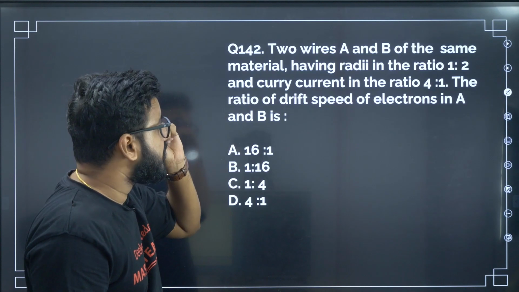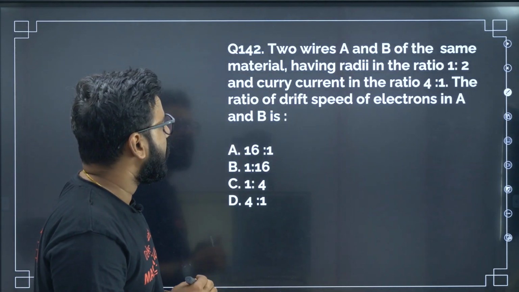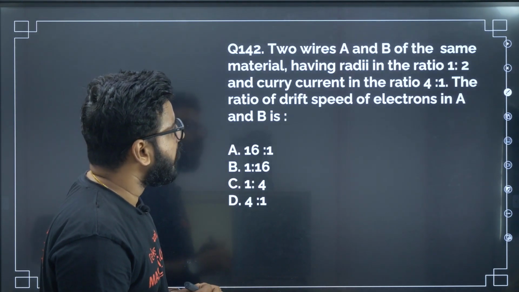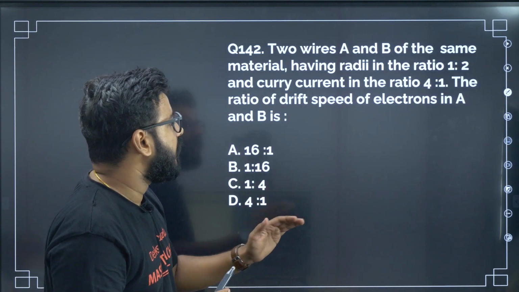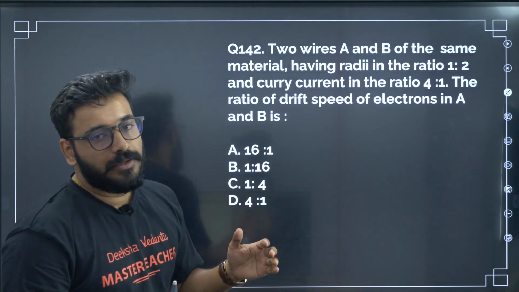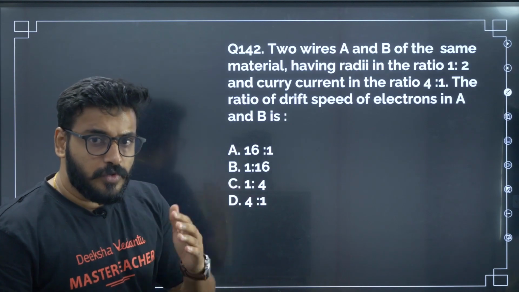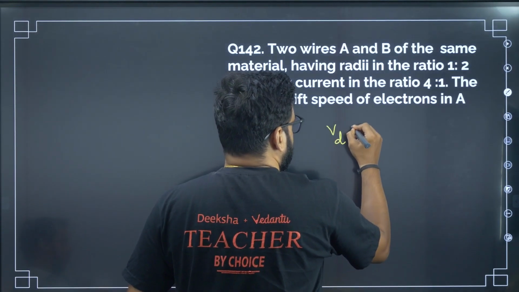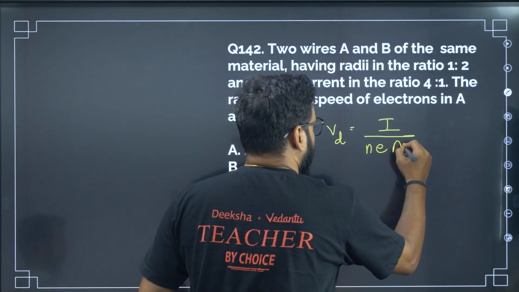Next question, two wires A and B have the same material having the radii 1:2 and current in the ratio 4:1. The ratio of drift speed of electrons in A and B is, okay, so what is drift speed? First of all, drift velocity is given as I divided by NEA.